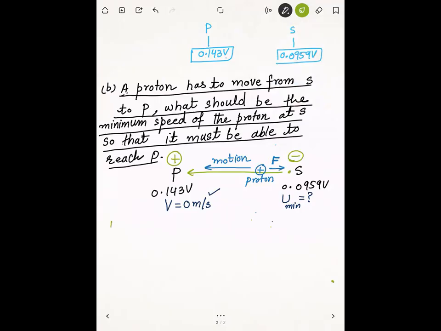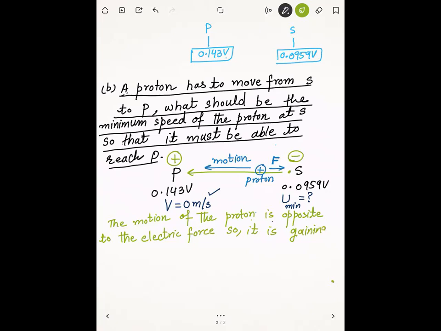So we should say that the motion of the proton is opposite to the electric force, so it is gaining electrical PE and losing kinetic energy.